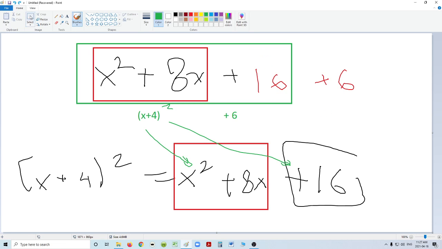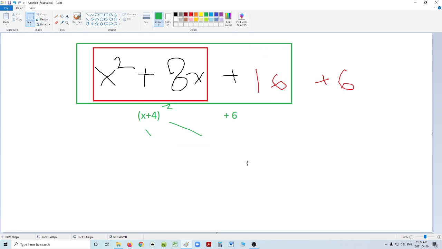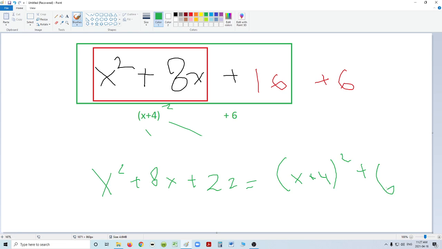So that means that x squared plus 8x plus 22 is the same as x plus 4 squared plus 6. And we can see that we've converted this nice standard parabola right here into a vertex format. And the vertex there is minus 4 comma 6.